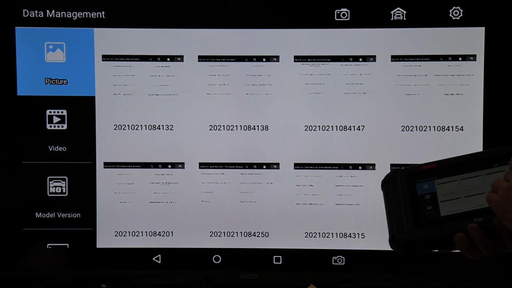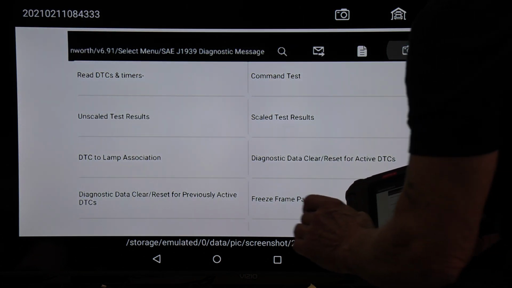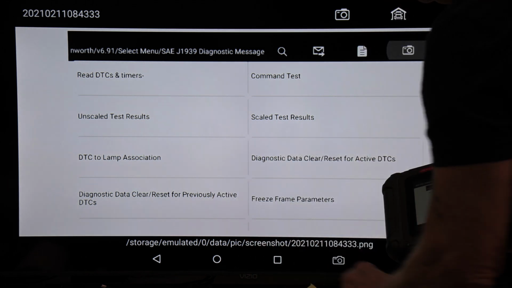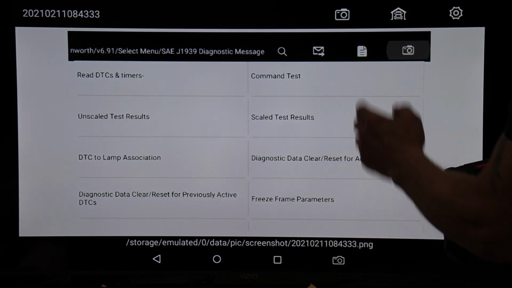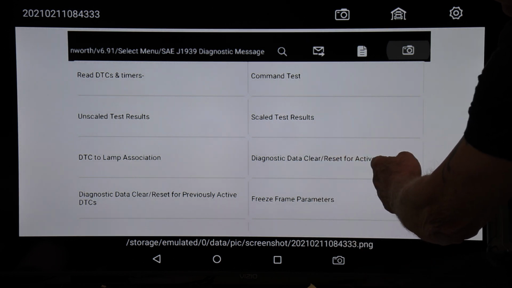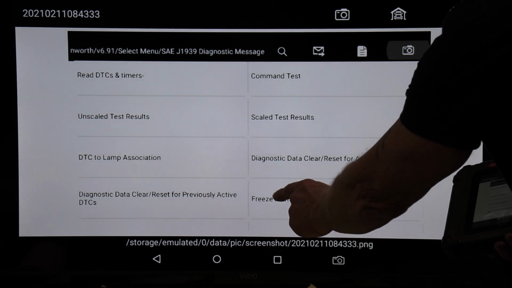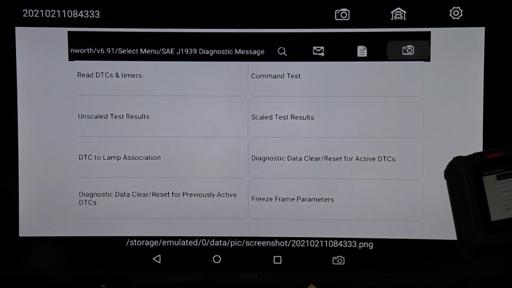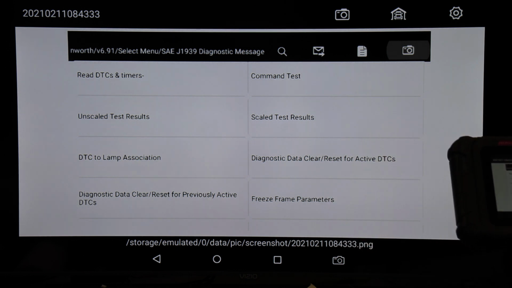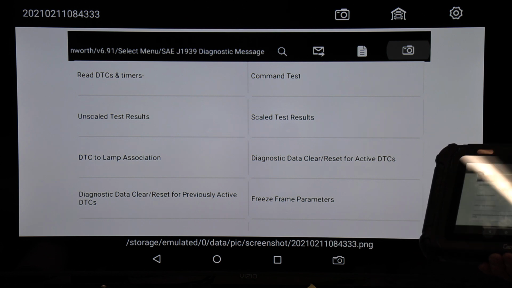So, timers, DTC to lamp association, command tests, diagnostic data, clear reset for active DTCs. Freeze frame, very, very important. You had an active code. Just like you do on cars, you hit that freeze frame button, it's going to tell you when, how, what were the conditions as best as possible.